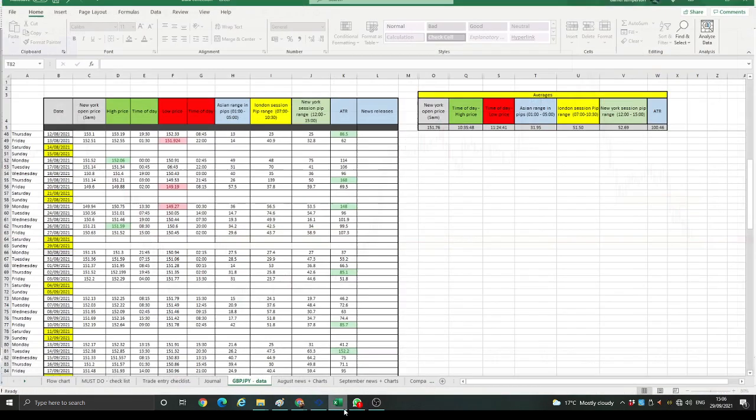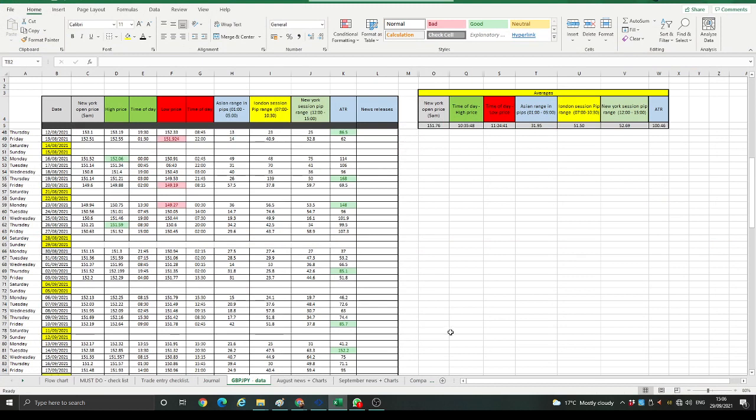So I keep everything on Excel, and this is just because I like Excel and I like understanding everything that's going on. I like detail, I guess.